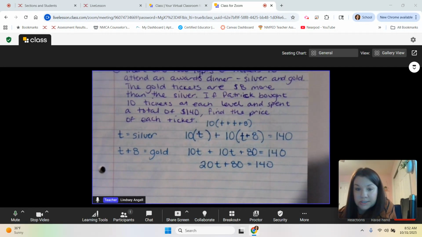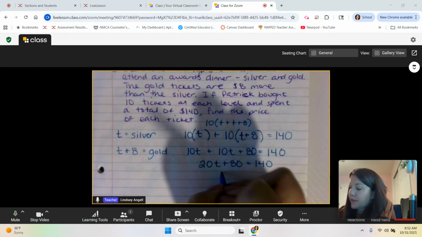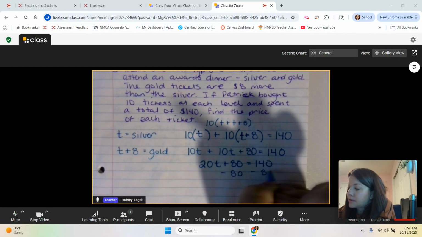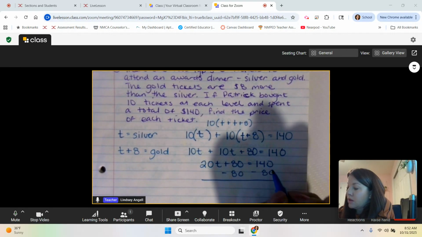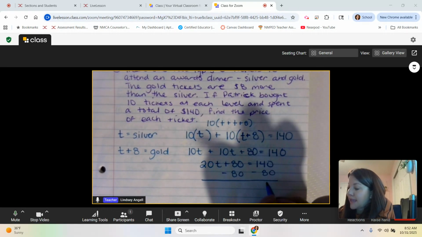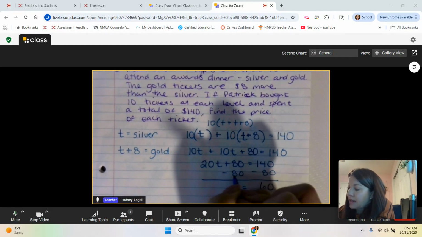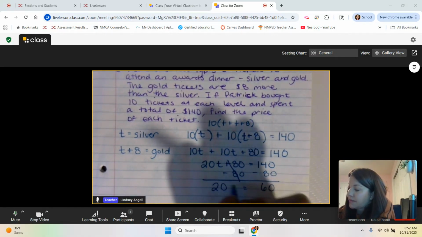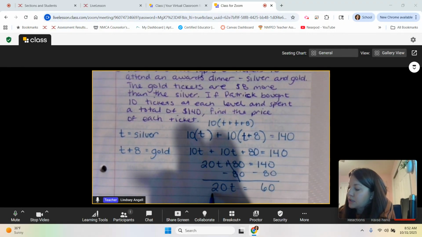And now it's a two-step problem. So we can subtract 80. 140 minus 80 is 60. 80 minus 80 is 0. Those cancel, and we're left with 20T.